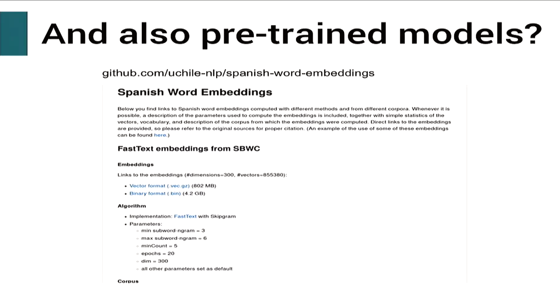Okay, perhaps I didn't mention it: why would someone want to train his own model if there are pre-trained models? Models are trained on context. For example, you can train a model on a Wikipedia corpus or on a Twitter corpus.